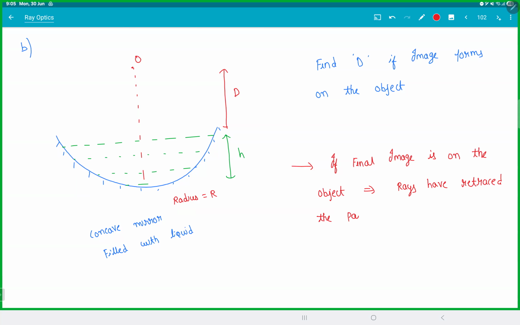So in our problem, the mirror thinks the object is at the center. Here the mirror thinks that after refraction, the light rays are coming from the center.